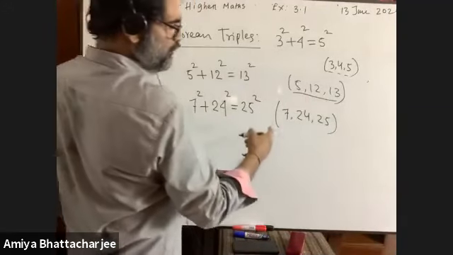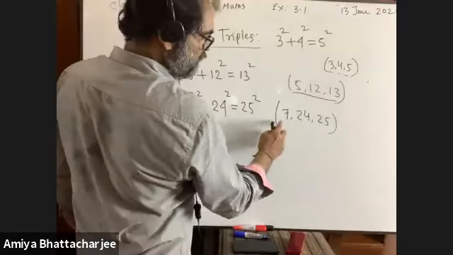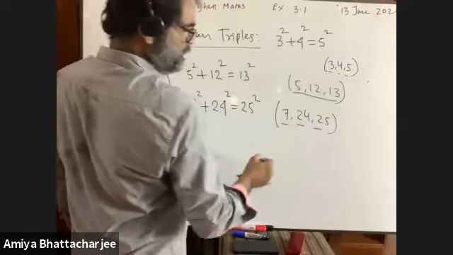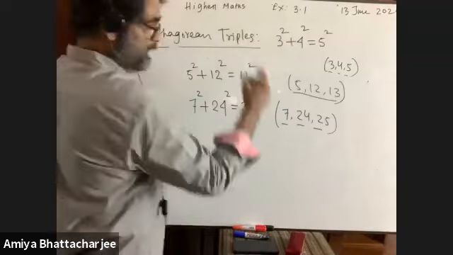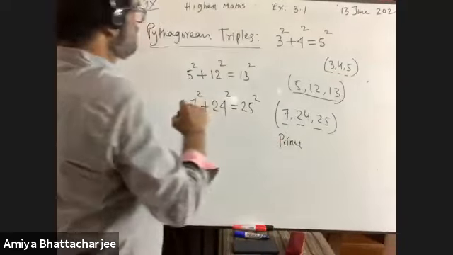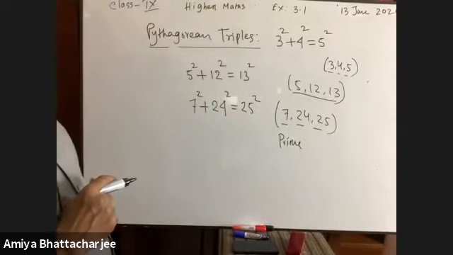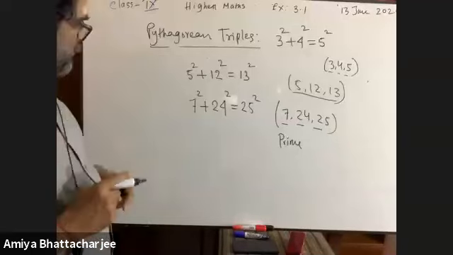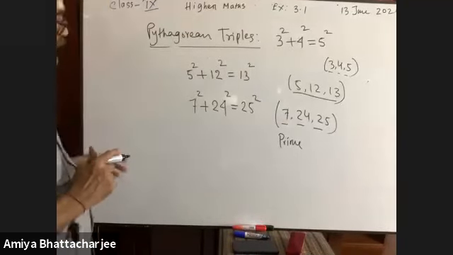Again, there is no common factor among 7, 24, and 25. So they are called the prime Pythagorean triples, as there is no common factor.